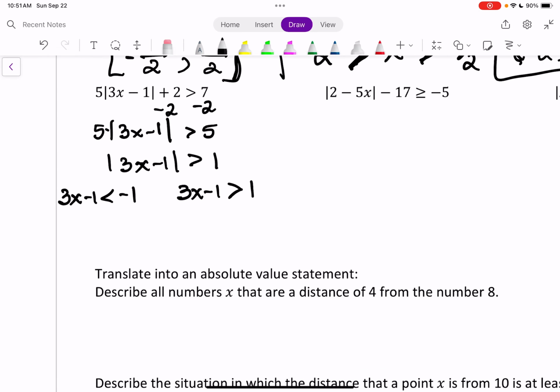So solving now these inequalities, add 1, divide by 3. Same thing, add 1, divide by 3.